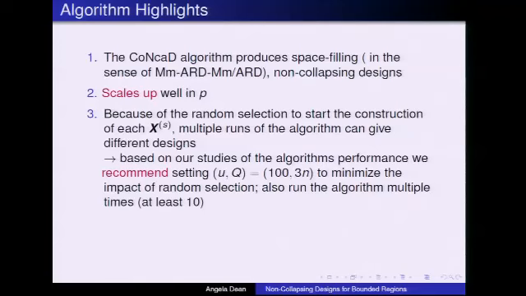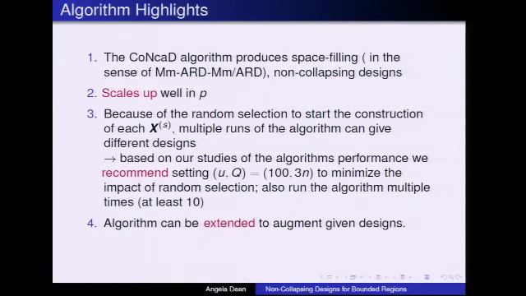I mentioned this before. We recommend at the moment 100 grid points. Every time you grow a grid, any grid line has 100 points on it, and carry 3 times as many observations as you want, and run the algorithm multiple times.